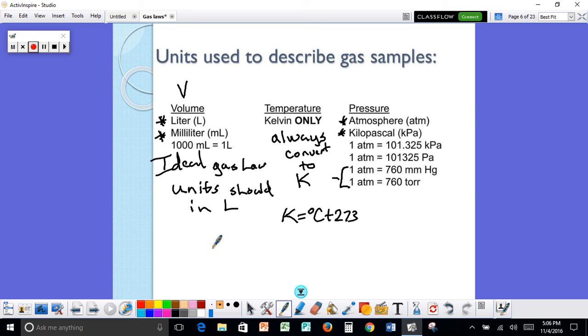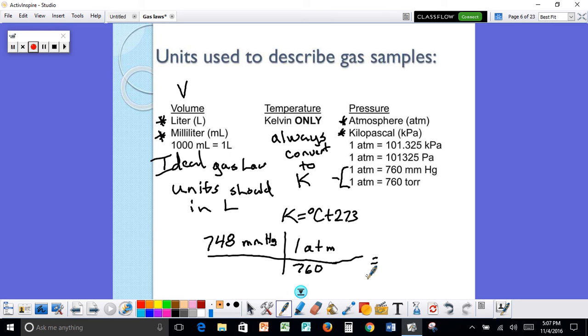So if I said that we had 748 mmHg or 748 torr, if I wanted to know that in atmospheres, we would simply just do our dimensional analysis. We're wanting to convert to atmospheres, so we would essentially go 1 atmosphere is equivalent to 760, and then we do the calculation.